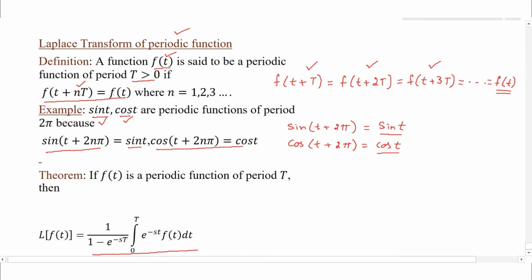So whenever f of t is a periodic function of period T, your Laplace transform can be written in this form. Now let us take a few examples based on this formula.